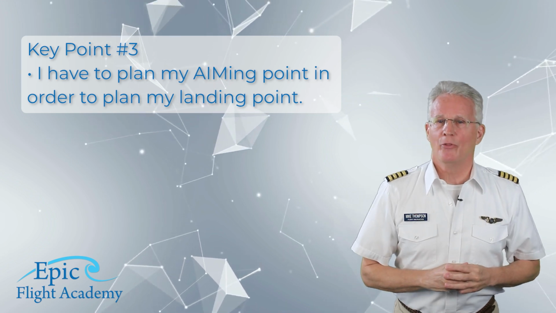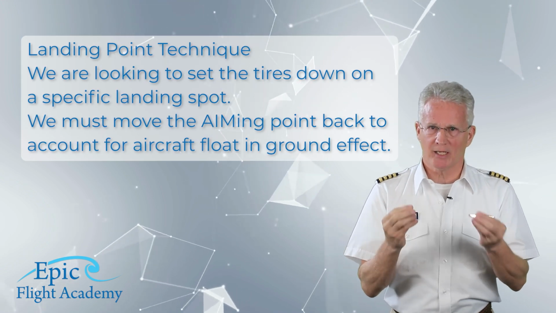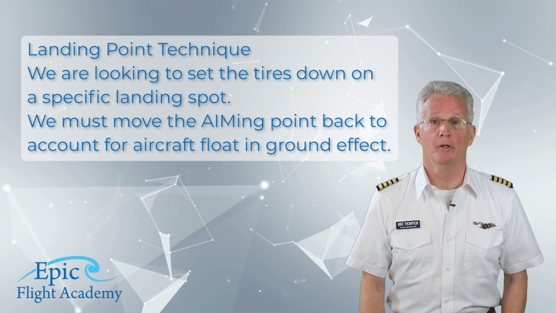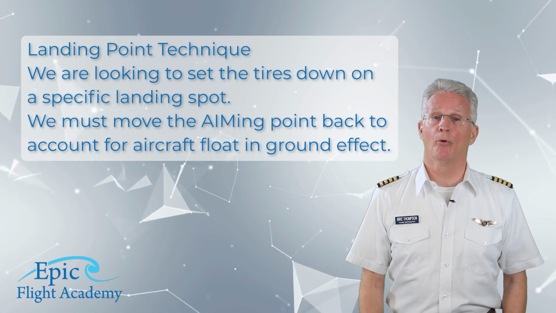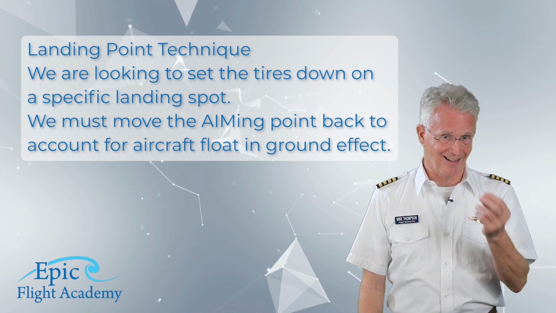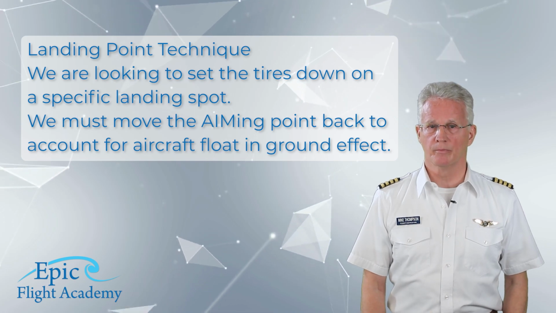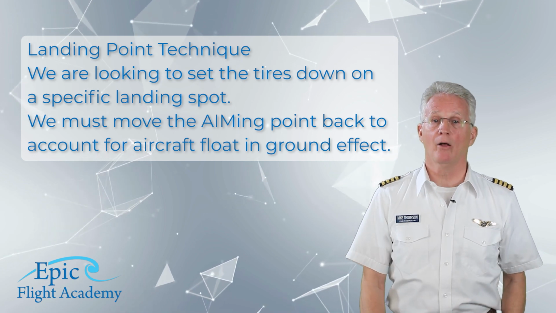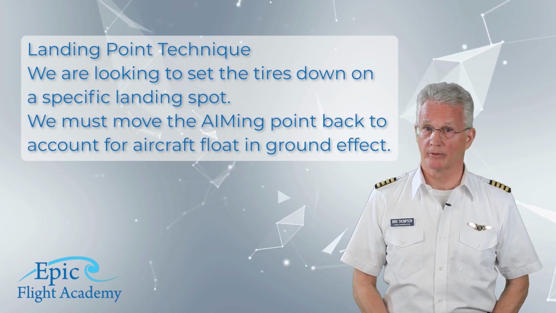Folks, in this maneuver, we're going to use what we call the landing point technique. Please see the Epic Standardization Manual, page 46. Just a quick review. In the landing point technique, we are looking to set the tires down on a specific landing spot. So, in order to do this, we must move the aiming point back to account for aircraft float in ground effect.